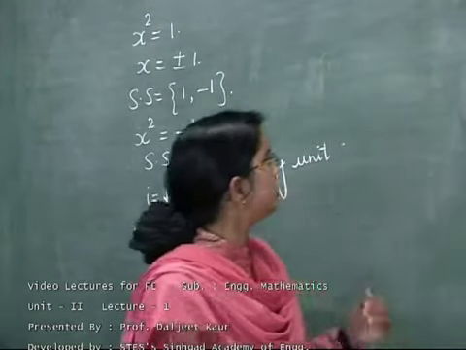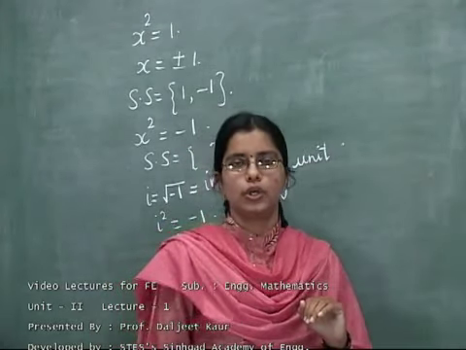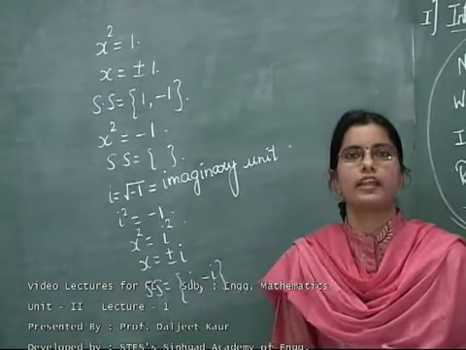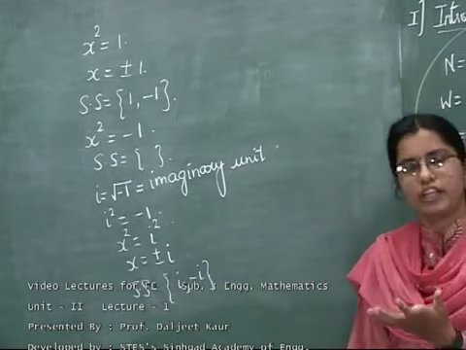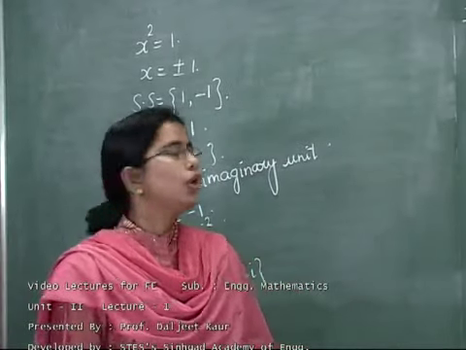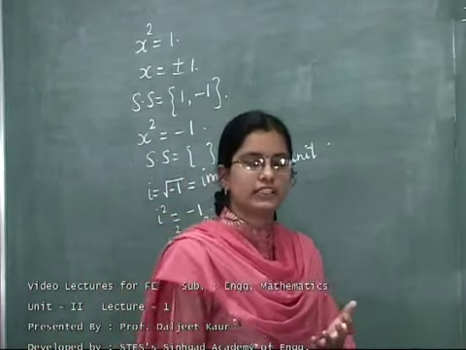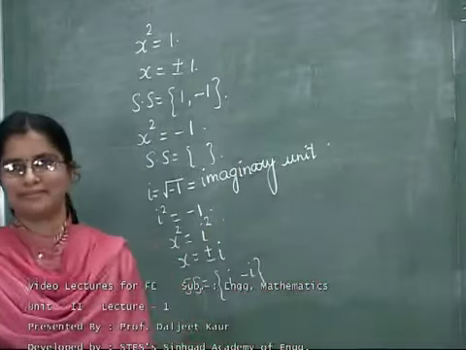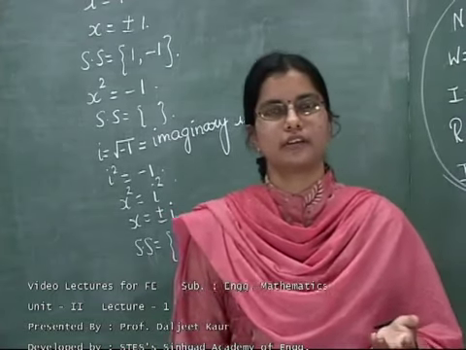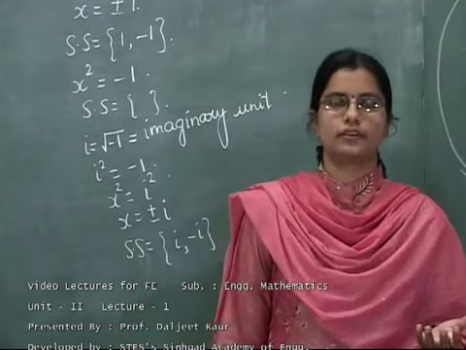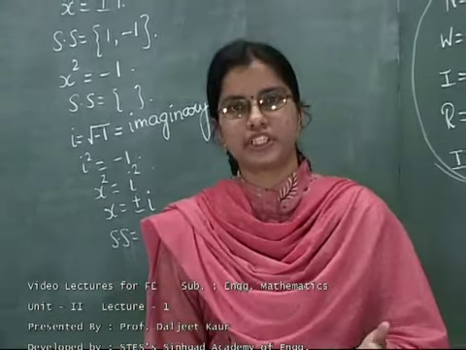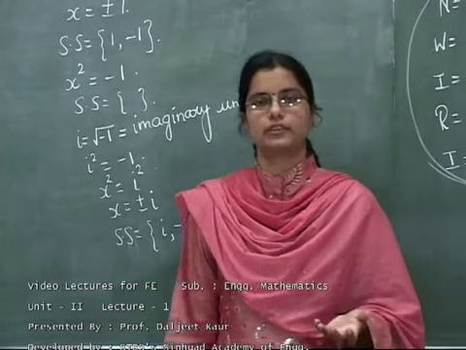Further, engineers use complex numbers to analyze the stresses in structures such as bridges and buildings. Engineers who design speakers also use complex numbers. Then engineers who design and test the strength of bridges also use complex numbers.